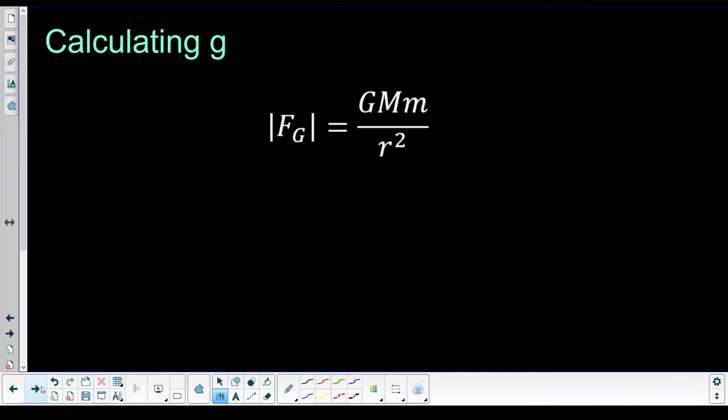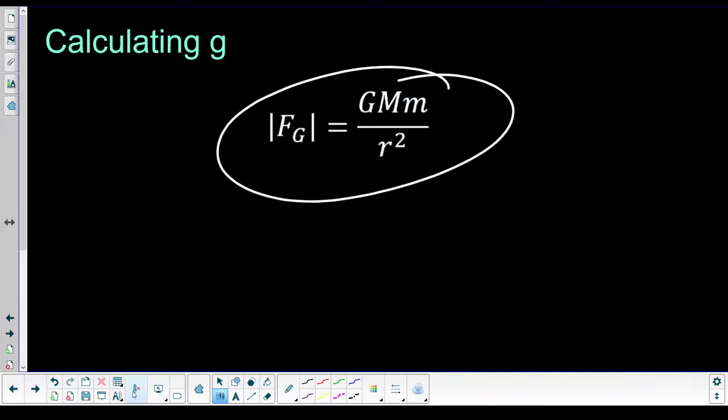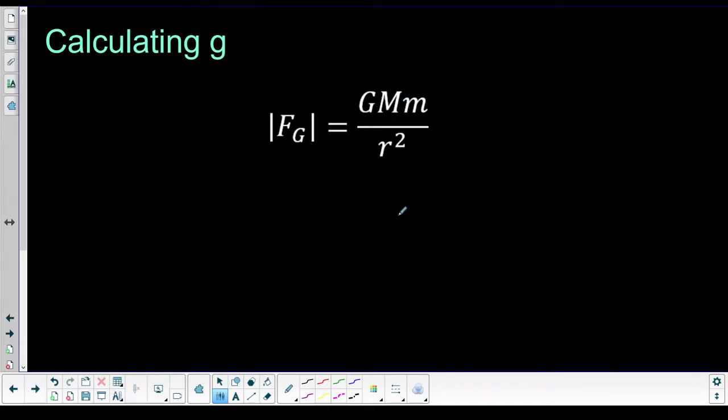So let's start with talking about gravitational acceleration, but in terms of the universal law of gravity. So we are looking at our universal law of gravity here. This is gravity for anything. This is gravity for you. This is gravity for that phone sitting next to you.